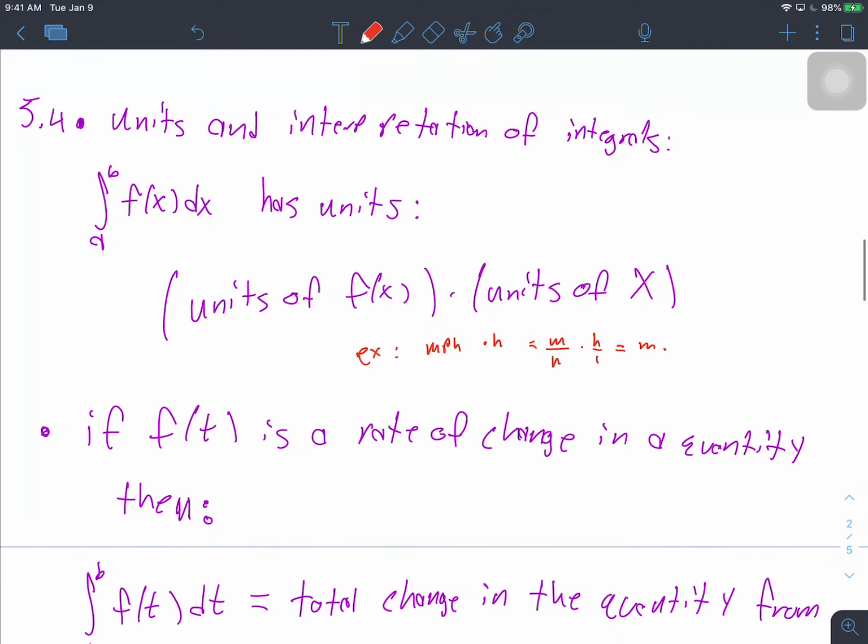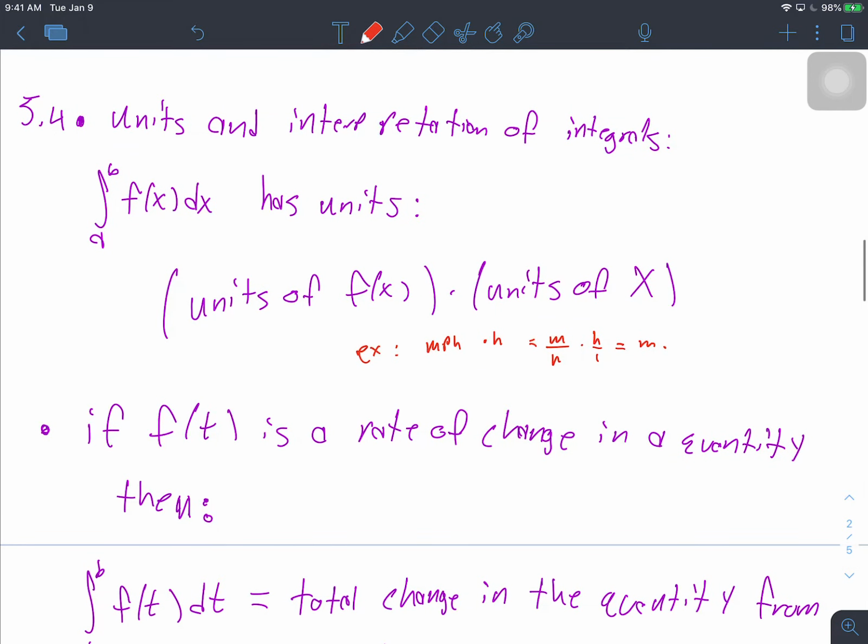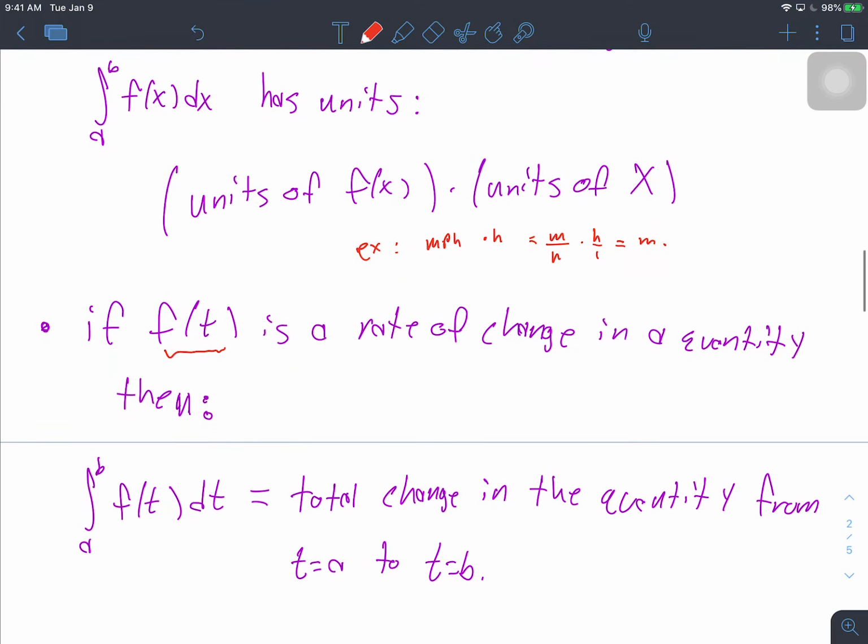And the really crucial thing we learned in this section was that if f of t is a rate of change in a quantity, then the integral from a to b of f of t dt will represent the total change in that quantity from t equals a to t equals b. And we had a really challenging problem in this section, which is just to say that f of t can really be the rate of change of any quantity.